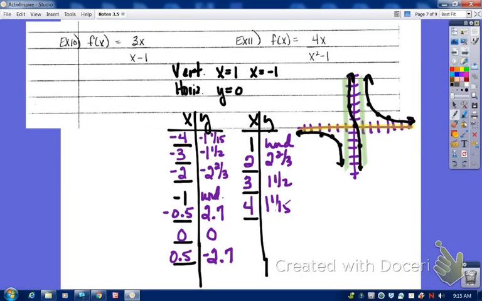And then there's the right piece. 2 vertical asymptotes, you'll have 3 pieces to your graph.